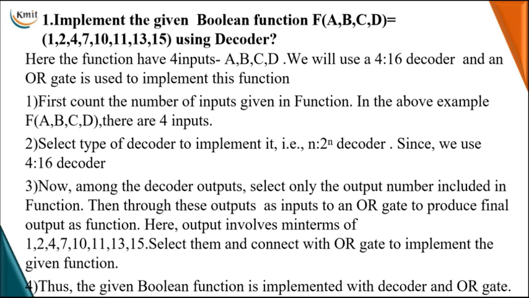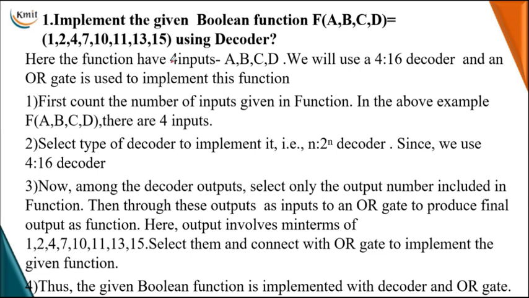If it is a 2 variable function, a 2:4 decoder. Now it is a 4 variable function, hence we prefer a 4:16 decoder. Upon selecting the order of the decoder, we move on to the OR gate. This OR gate will produce the final output, the function f of ABCD.